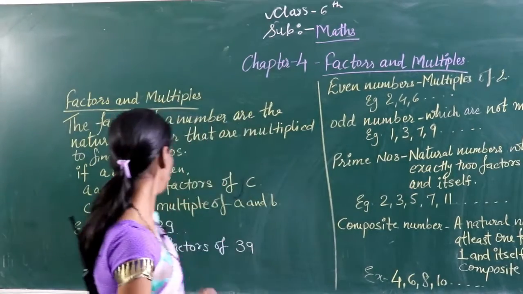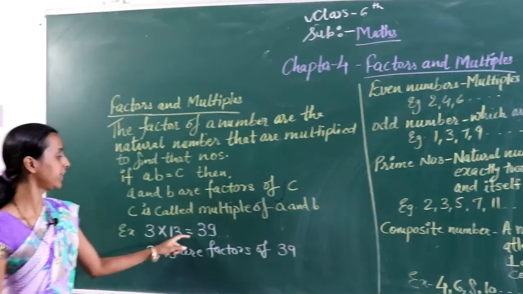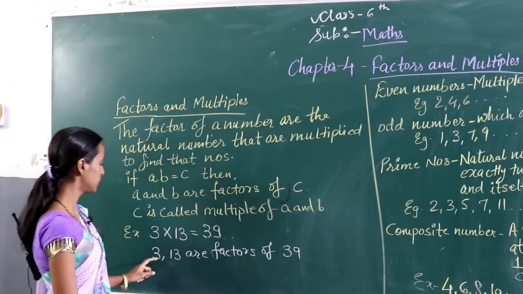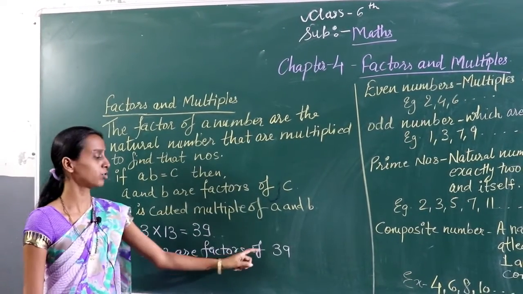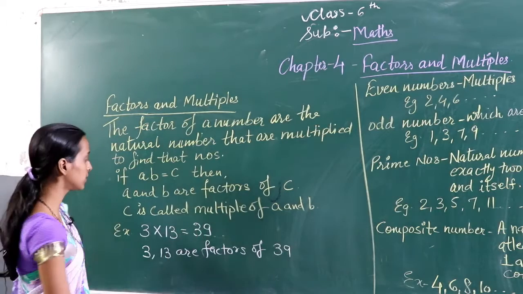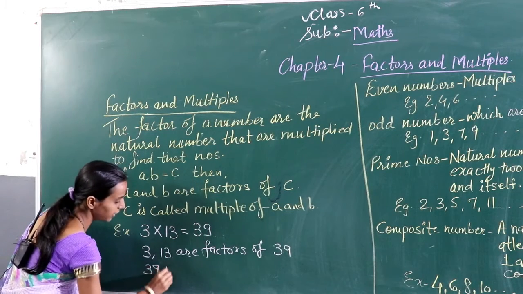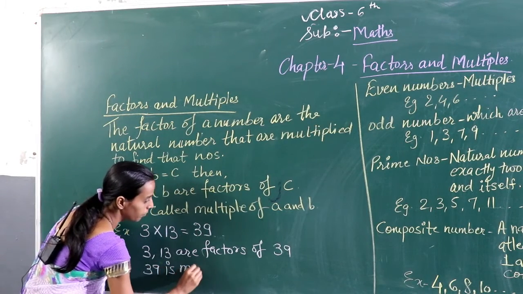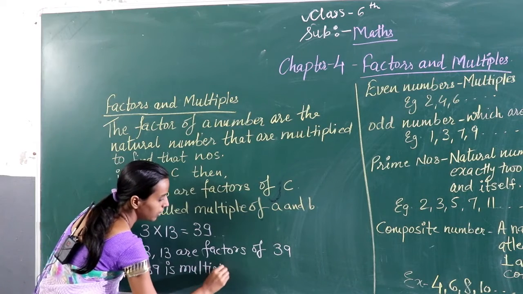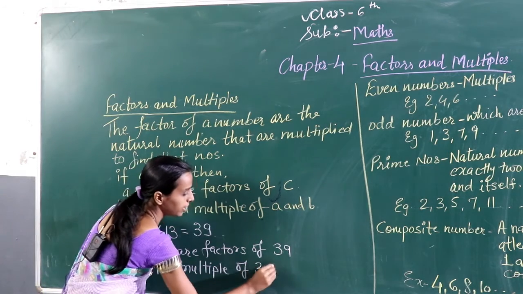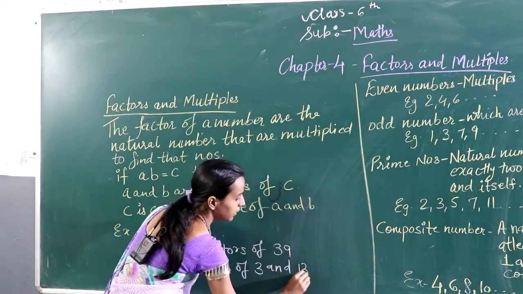Okay, so we got here 3 into 13, that is 39. So this 3 and 13 are called factors of 39. And what will this 39 be? This 39 is a multiple of 3 and 13.